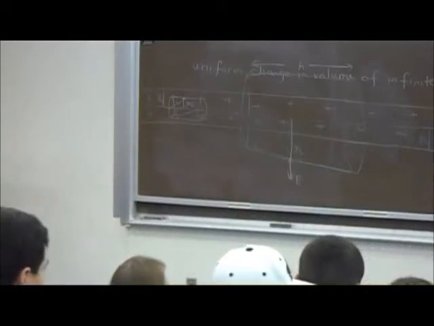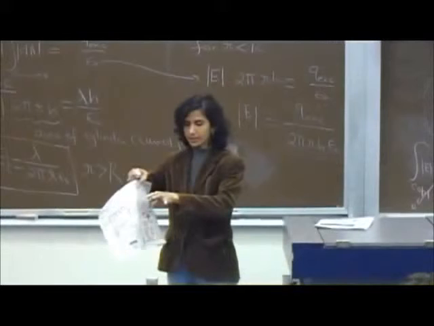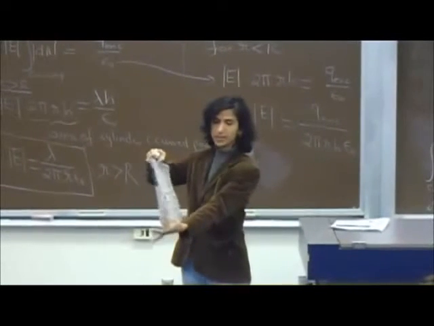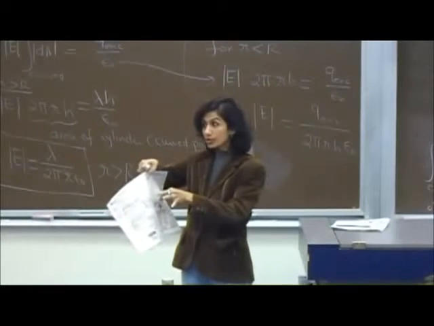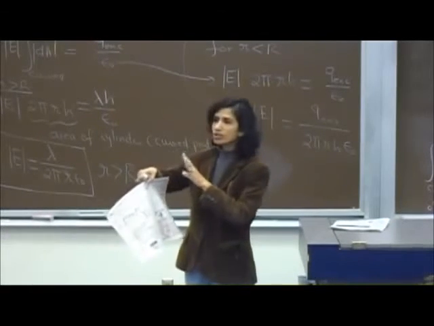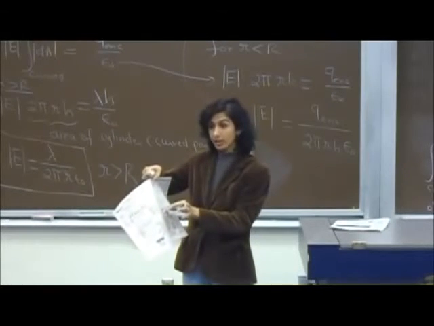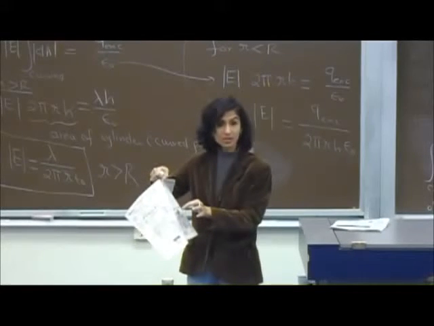If I ask you what is the electric field, say over here, at a distance r away from the sheet, this is an infinite flat sheet like this, what kind of Gaussian surface would you choose so that you can use Gauss's law to find the electric field at this point? Obviously that point should be on the Gaussian surface, this imaginary surface you choose.